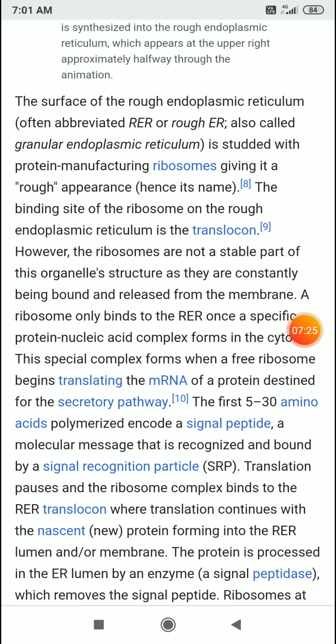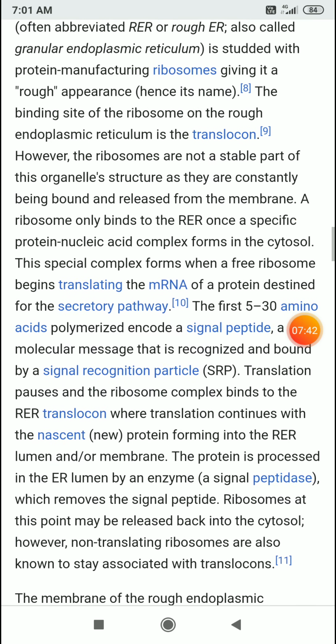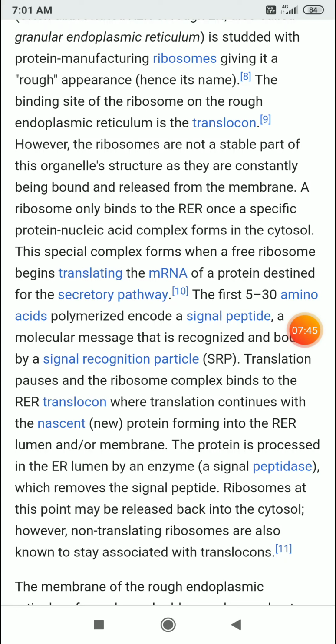The first 5 to 30 amino acids polymerized encode a signal peptide, a molecular message that is recognized and bound by a signal recognition particle, SRP. Translation pauses, and the ribosome complex binds to the rough endoplasmic reticulum translocon, where translation continues with the nascent protein forming into the rough endoplasmic reticulum lumen membrane.